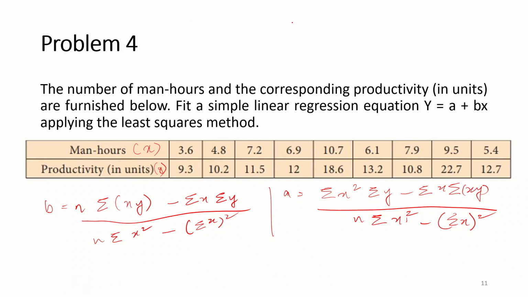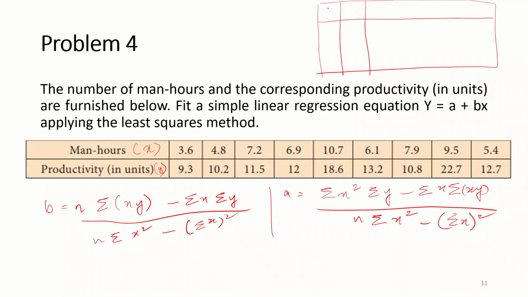Sir, in the denominator of the intercept equation, what you had written was summation of xi square? Oh, not X, just a typo maybe. Yes, yes. The formulas are correct. X square. And total.